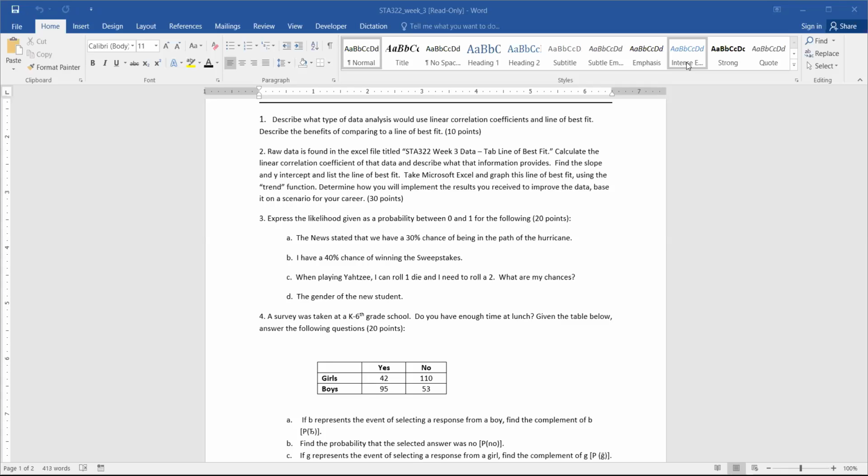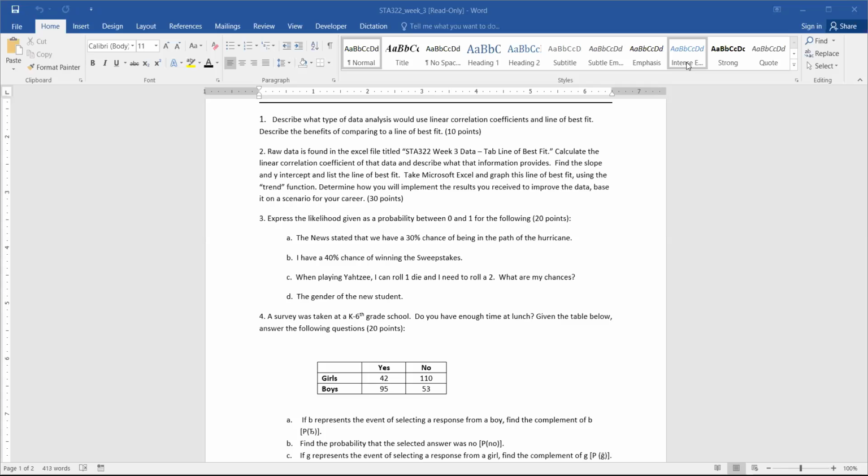So the line, like in question A, the line over the lowercase b, what is that? That's the complement. Okay. Right. Remember, the complement, if something has a 30% chance of happening, its complement is the 70%. So that's the complement.